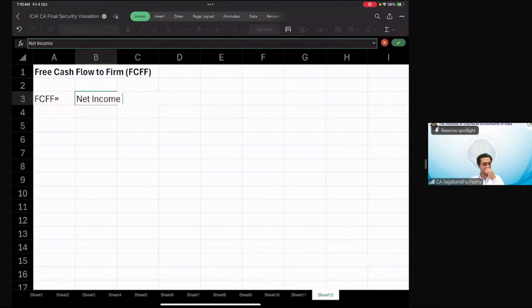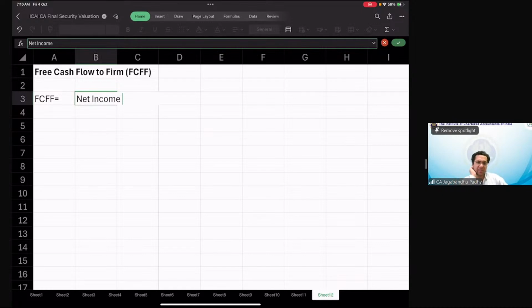So, what are we trying to calculate? Are we trying to calculate free cash flow for equity shares or for the entire firm, or I can say all the types of fund providers? Right? Because we are using the words free cash flow to firm, not free cash flow to equity.